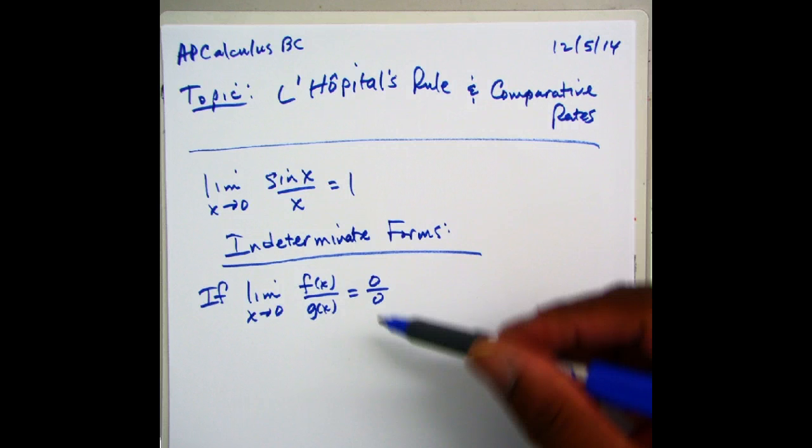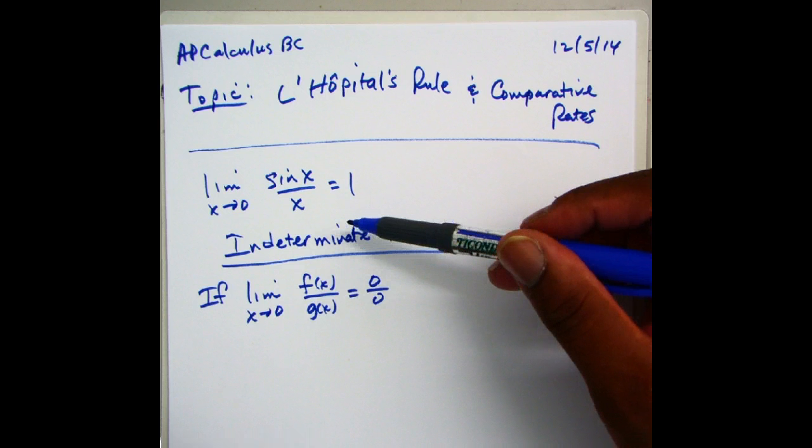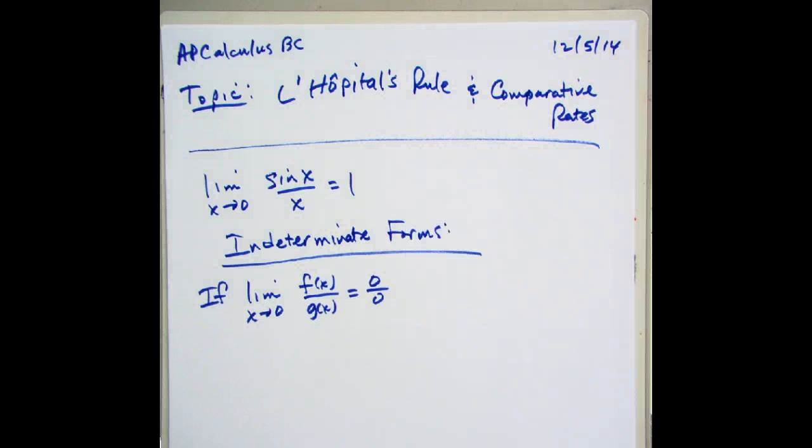And that's actually what happened in this case with sine of x divided by x. The sine of 0 is 0, x of course is 0, you end up with 0 over 0. So indeterminate just means that on the surface, you're not able to say exactly what it is, so you may need to do something else.